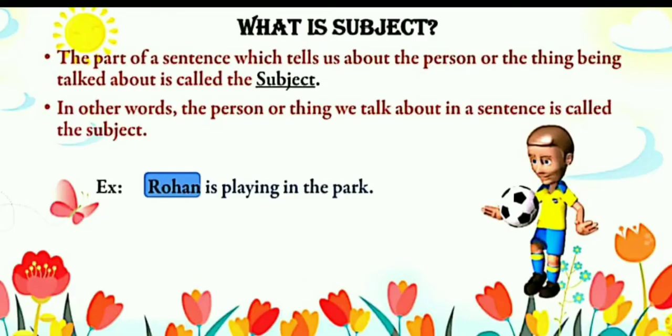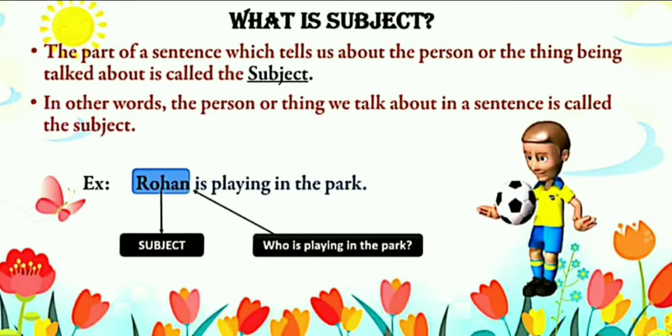Now let me first of all tell you what is a subject. So the part of a sentence which tells us about the person or the thing being talked about is called the subject. Now, let me give you an example. Rohan is playing in the park. So, whenever you try to find the subject, you can ask this question: who is playing in the park?